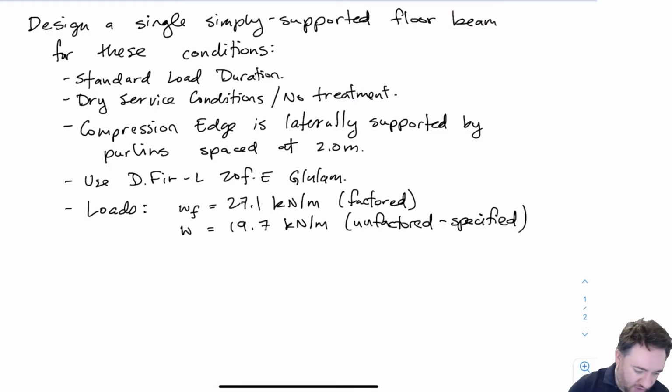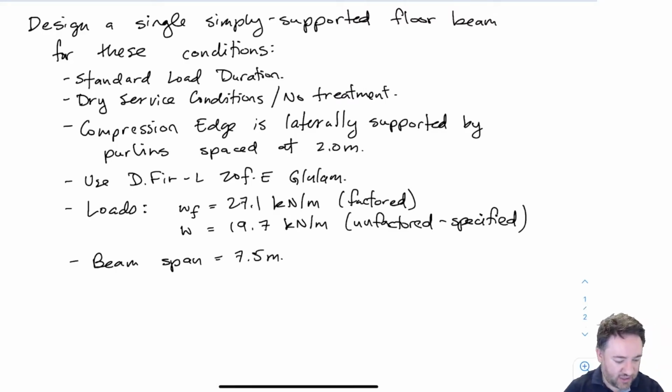I also have to provide the beam spacing. No, I do not, because I have the beam spacing, but the span is equal to 7.5 meters. So it's quite a long beam. Let's see, am I going to need the spacing? I'm going to put the spacing in here too.